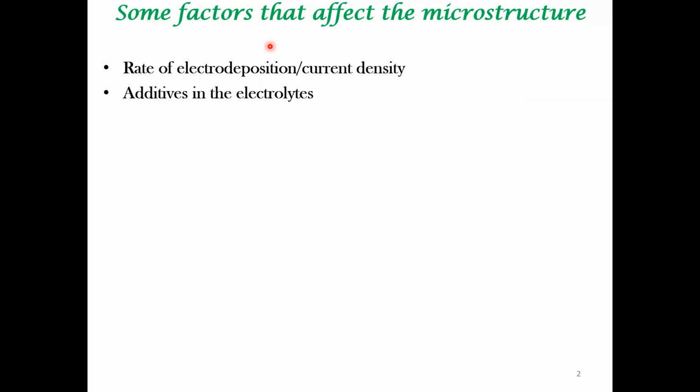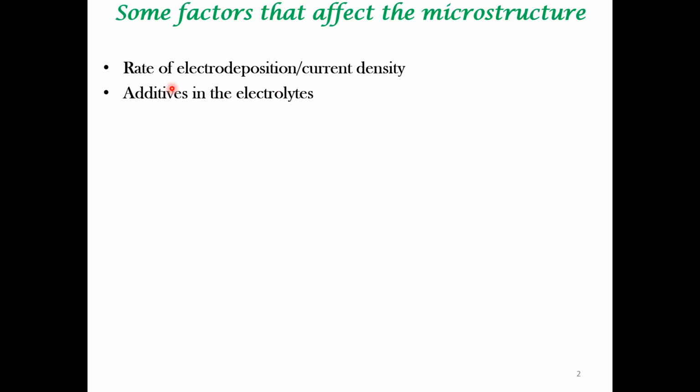You can also have additives in the electrolyte. These influence the surface energy of the electrodeposit and also the morphology of the electrodeposit. We'll elaborate on these issues in later lectures.